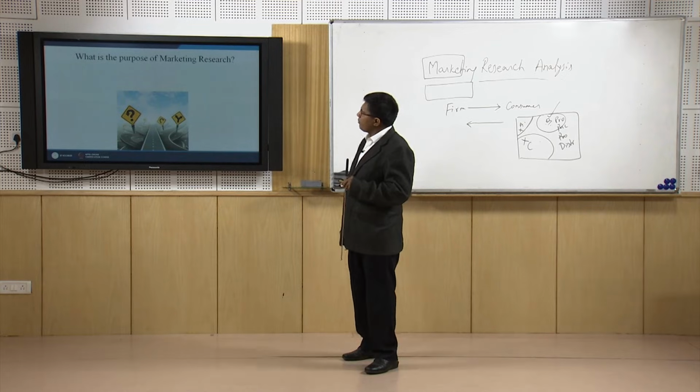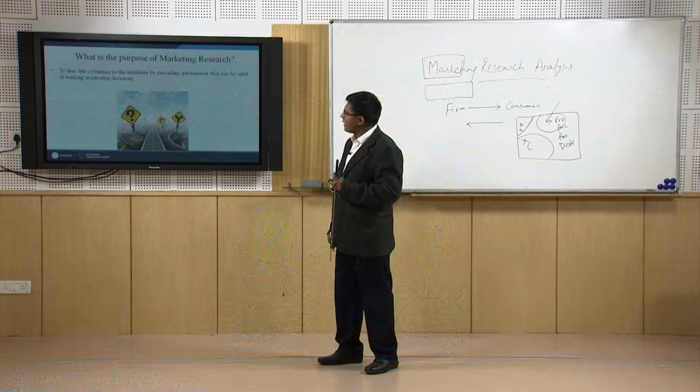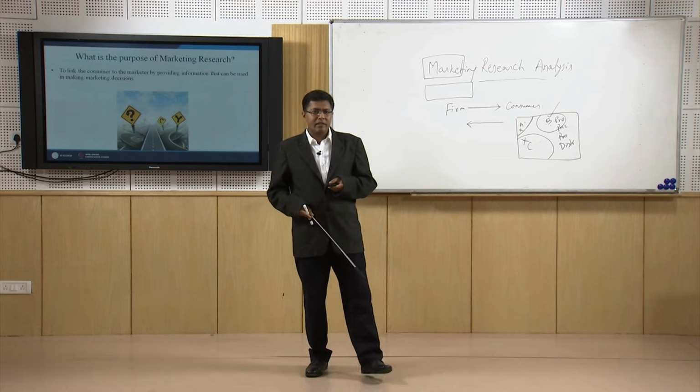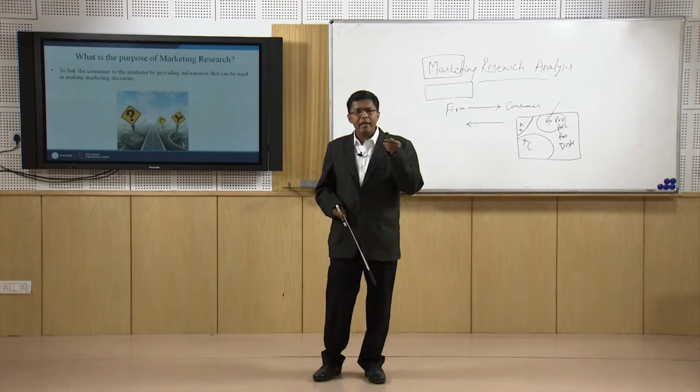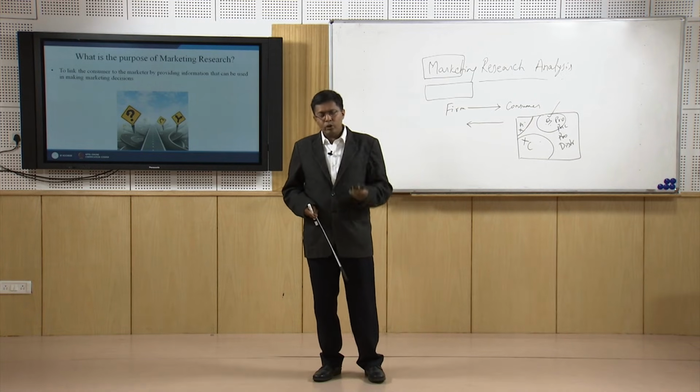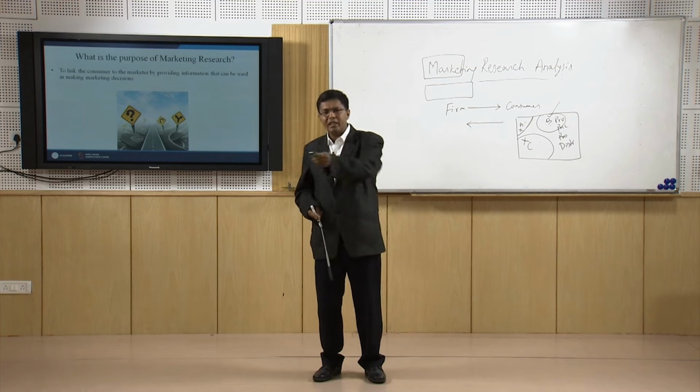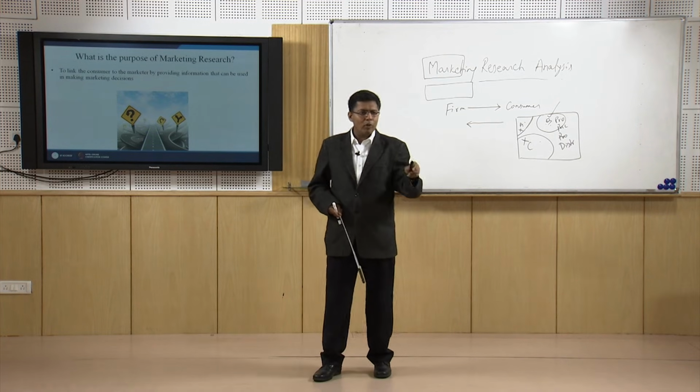Marketing research, what is the purpose of marketing research? On the other side, marketing research helps to link the consumer to the marketer by providing information that can be used in making marketing decisions. For example, what is the right price? What is the right product? Should we distribute it through this channel or some other channel? What is the right promotional technique?